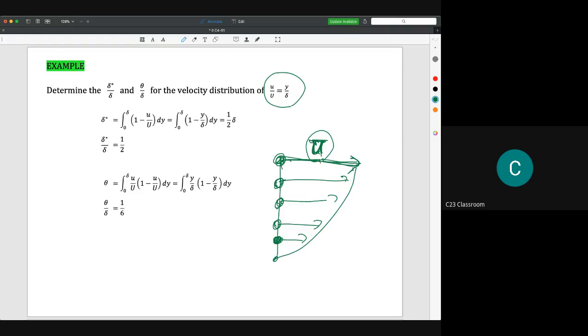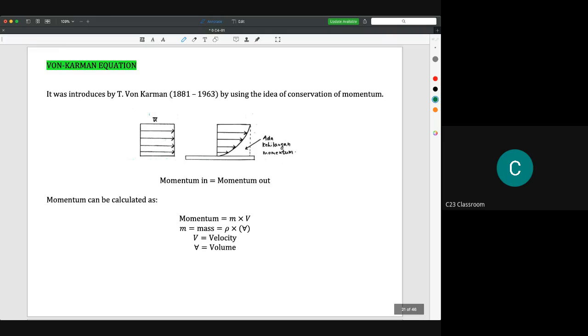At 0 here, u is 0, so the thickness is 0, and then u over U rises to a certain percentage and so on. I hope you can imagine the physical meaning of u over U presented in this chapter. That is the basic equation that will be used again and again in this chapter.